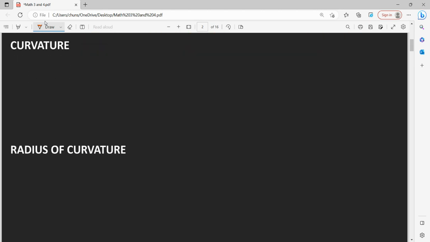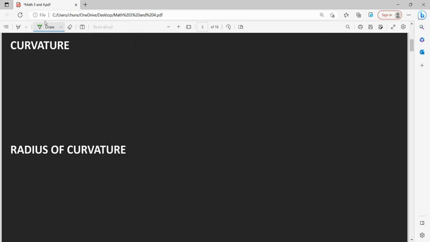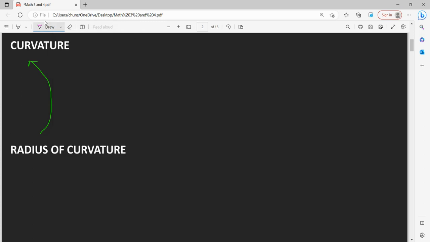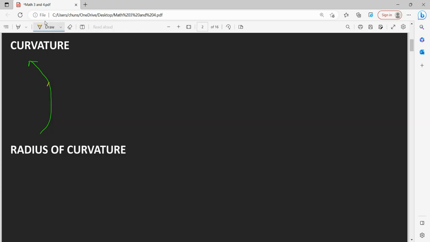Next, we're talking about curvature, which we define with a K. So if we had our space curve C, curvature basically is just going to be following that curve.